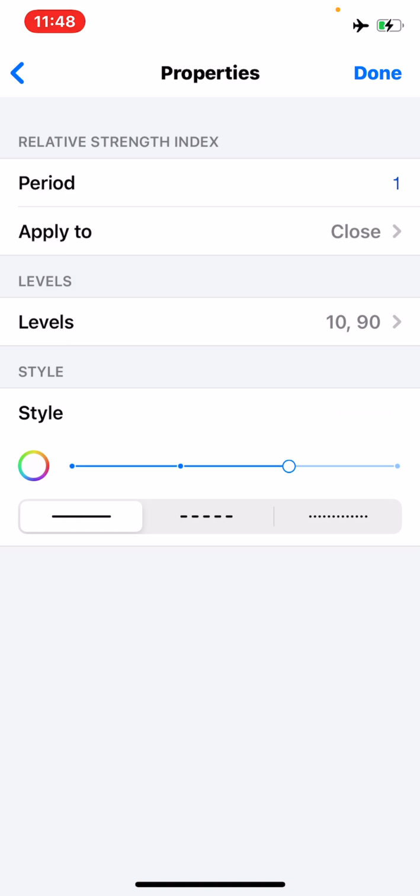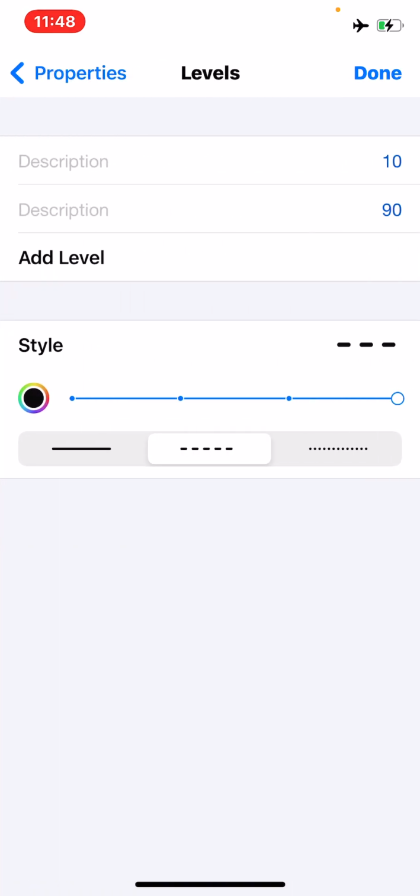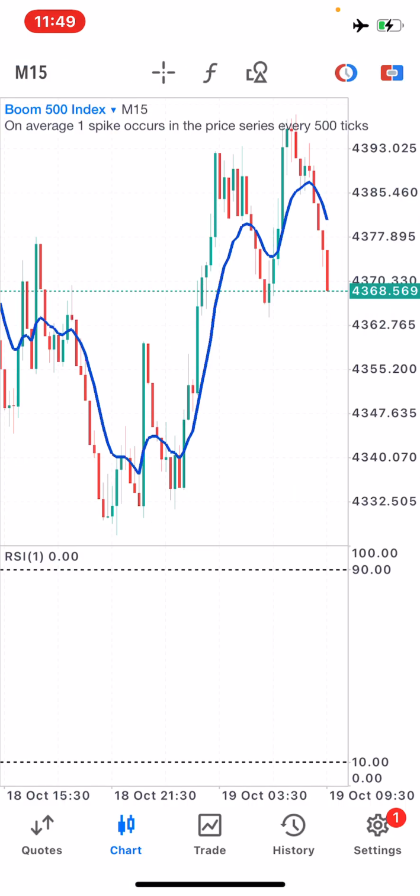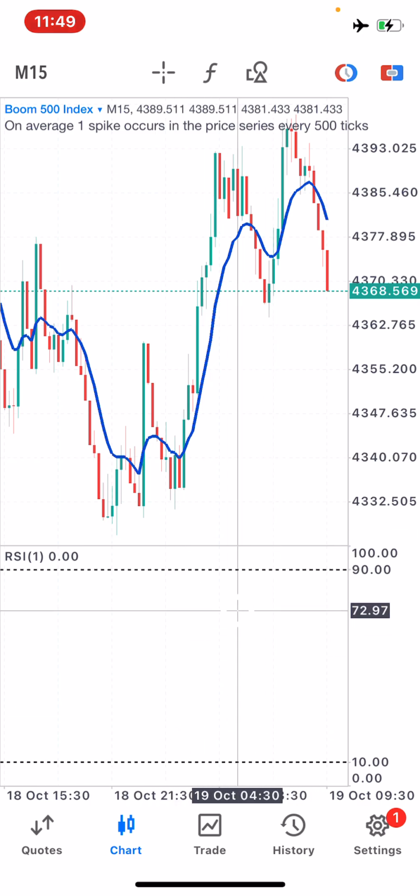So if you click on done right now, you see that no other line will be visible except the one that contains our levels. That's level 10 and level 90 that I introduced to you. Can you see we now have the RSI, but it's blank? We just have these levels which we need.